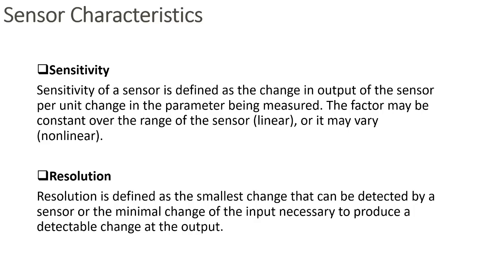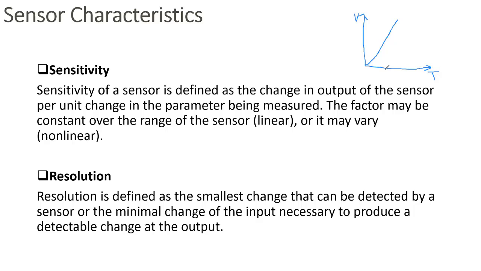The next point is sensitivity. Sensitivity means, if you have a sensor that gives you output according to a graph like this, let's say with the same temperature example, the y-axis is my voltage axis and this is my temperature measurement.